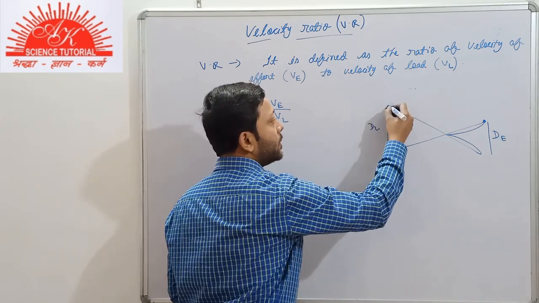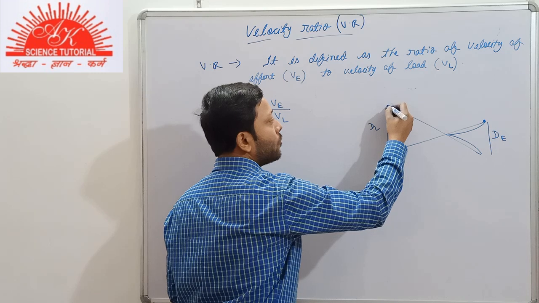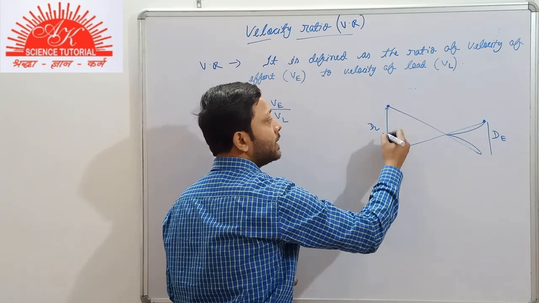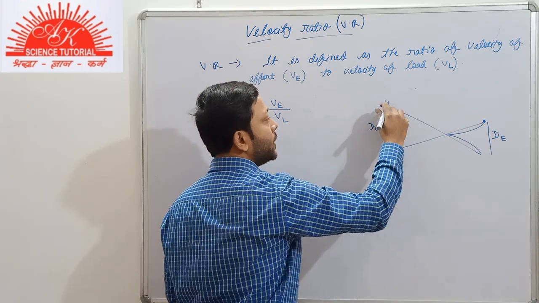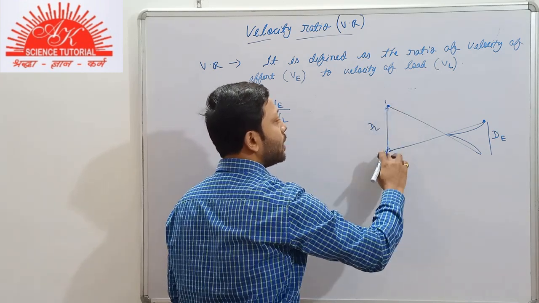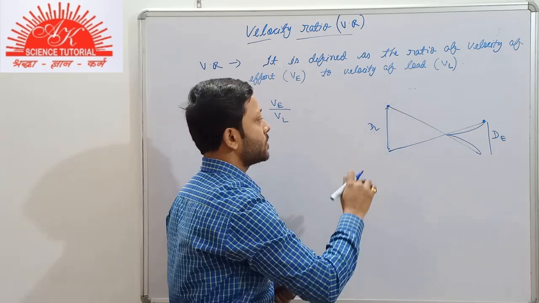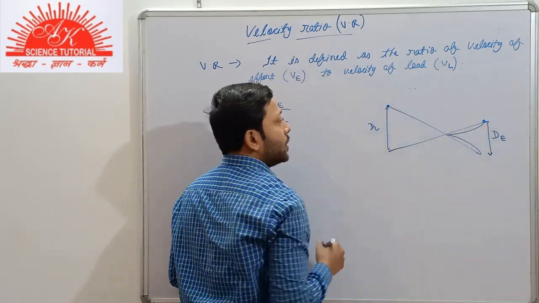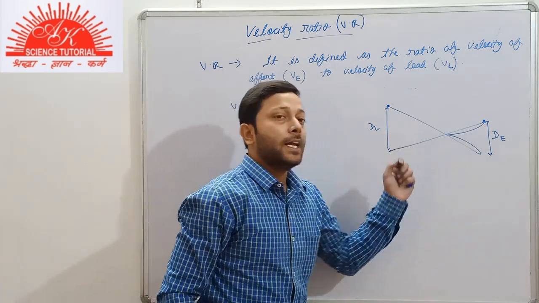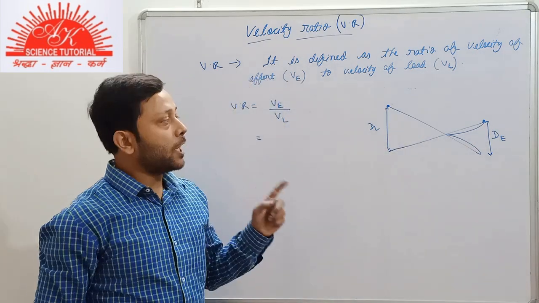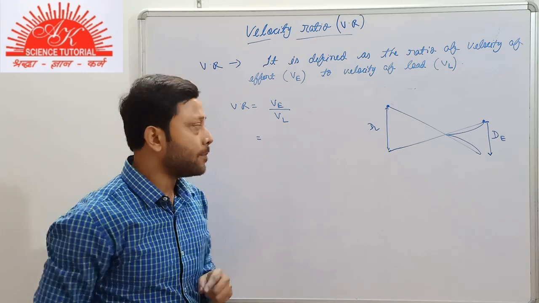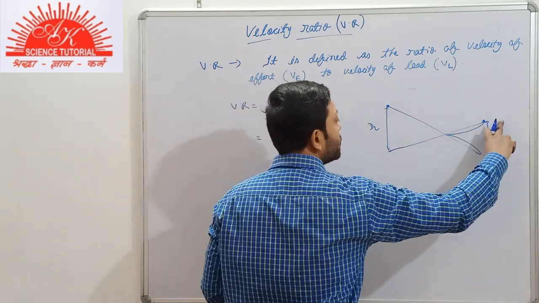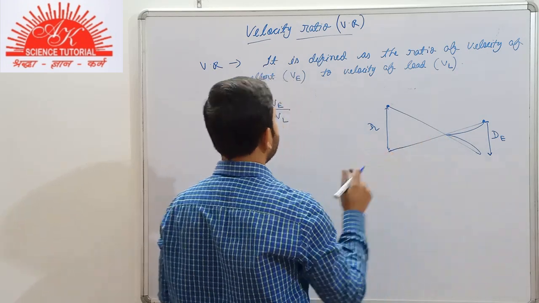If the point of application of load comes from this position to this position closer to this blade, then this is the displacement of point of application of load. Both these things are taking place simultaneously, so the time for each of them will be the same. We suppose that the time taken for both processes is small t.